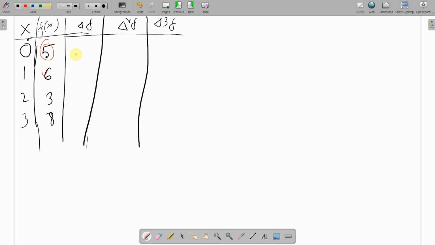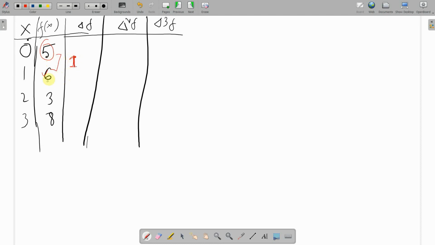So 6 minus 5, it will be 1. Am I right? And there is a specific writing style I have already told you. So you better give spacing between them when you are writing this 0, 1, 2, 3, 5, 6, 3, 8, so that you can write the difference in between them. So this is the difference value. So this will be your delta f.